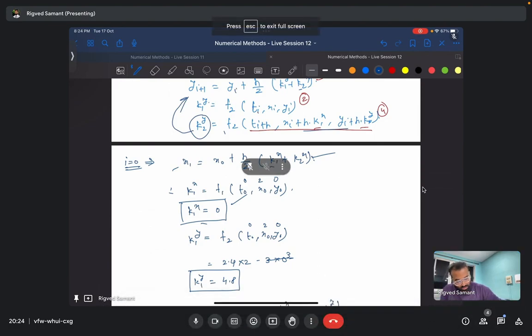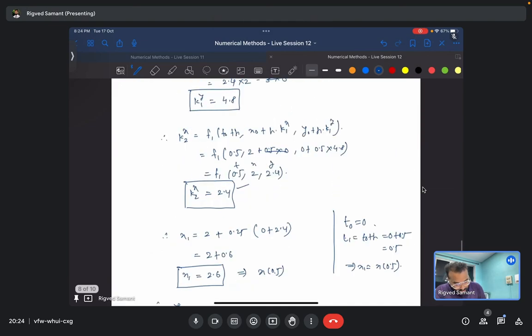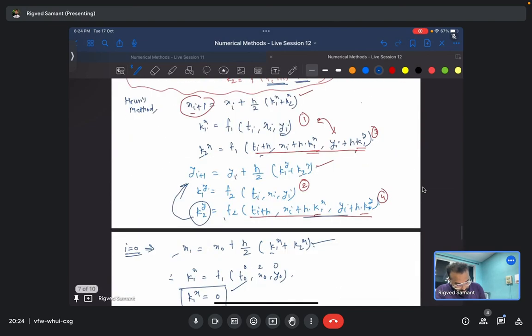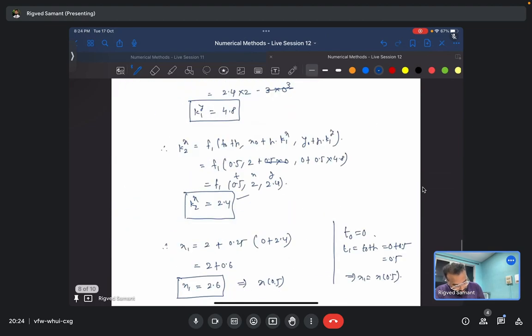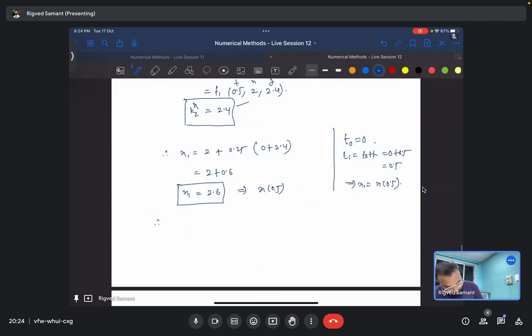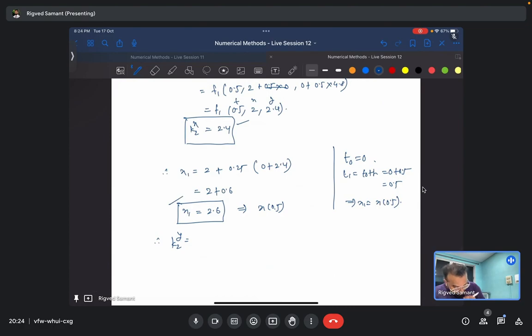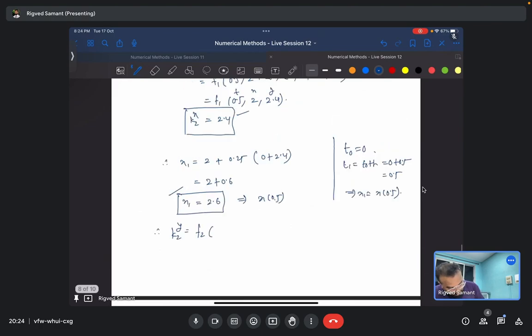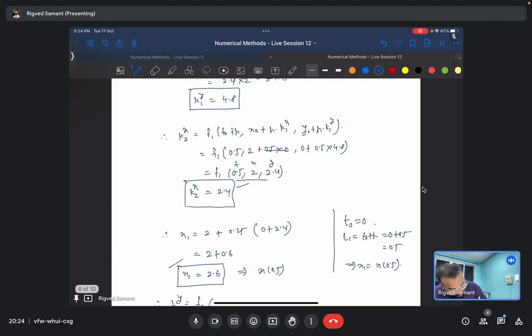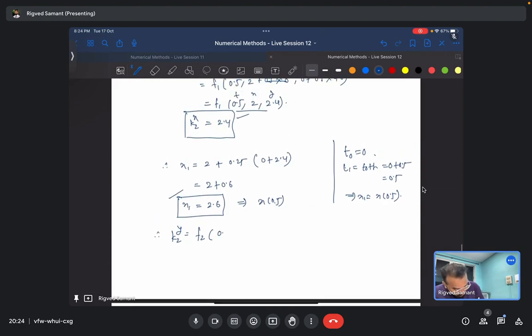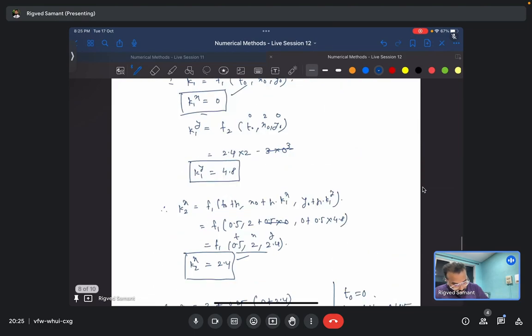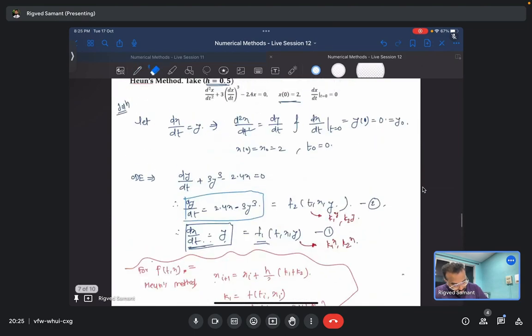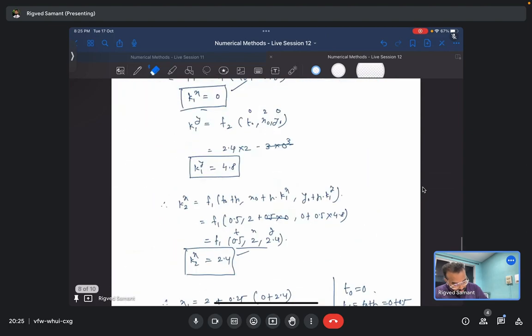Understood, sir. Yeah. So now you can calculate k2y. What will be k2y? We already got the final answer, I am just completing it. What is k2y? f2 of this point only, (0.5, 2.4). So f2 is this second equation, 2.4x minus 3y cube.